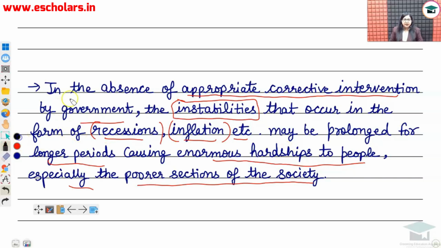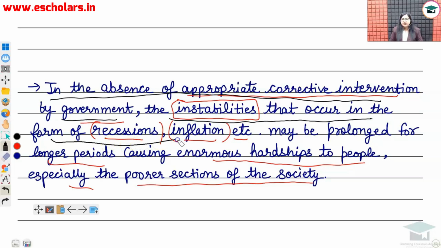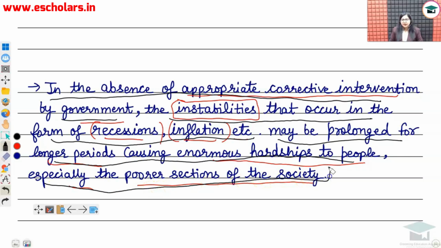Okay, so let's have a look. In the absence of appropriate corrective intervention by government, the instabilities that occur in the form of recessions, inflation, etc. may be prolonged for longer periods, causing enormous hardships to people, especially the poor sections of the society.